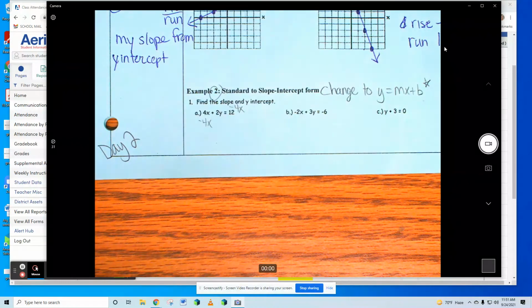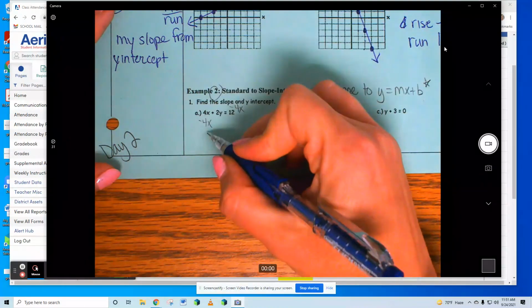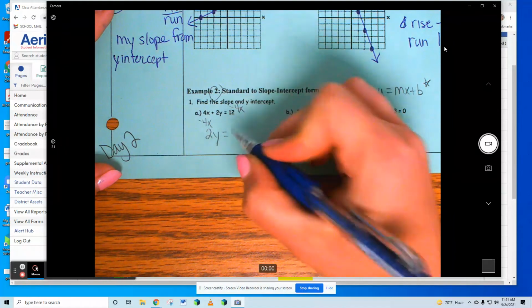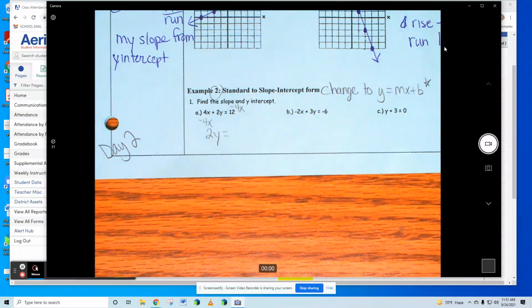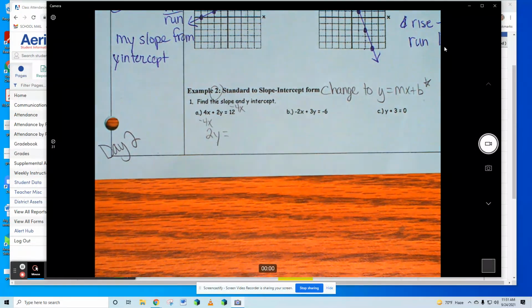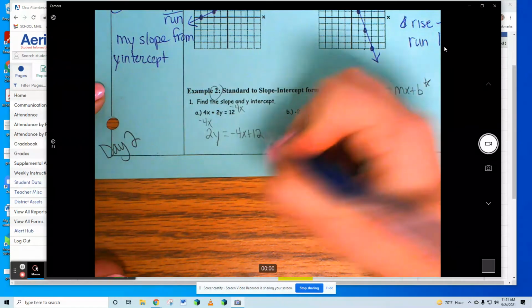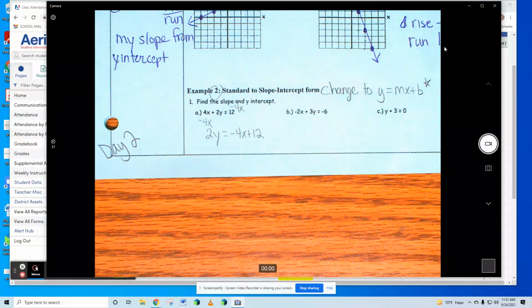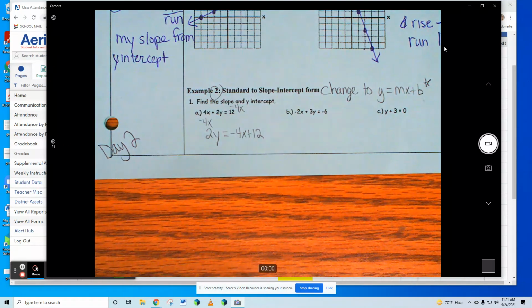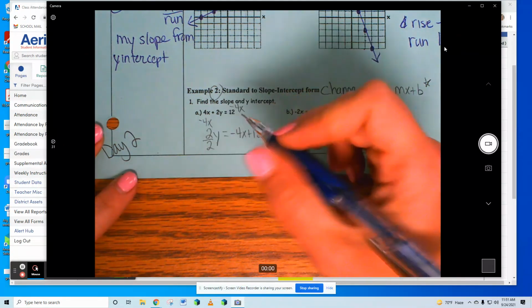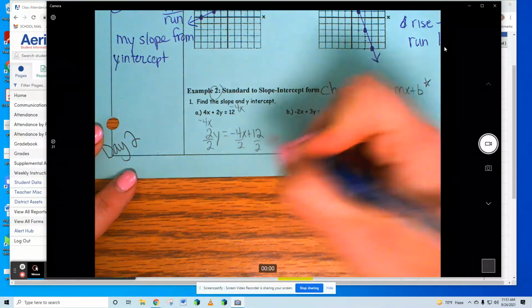Okay, here we go. 2y equals, what goes right after the equal sign? The x term. Good thinking. Negative 4x plus 12. Last step. Divide by 2. Everything. Divide by 2.